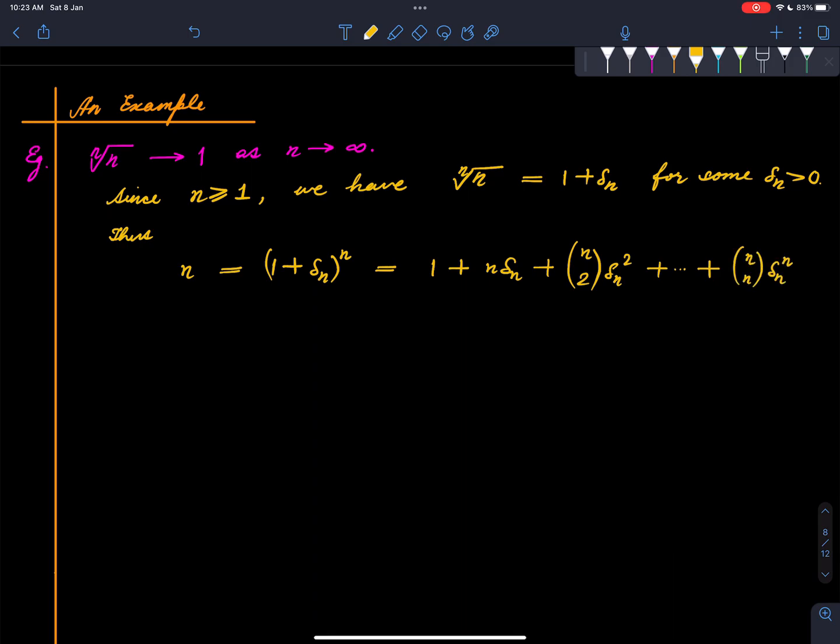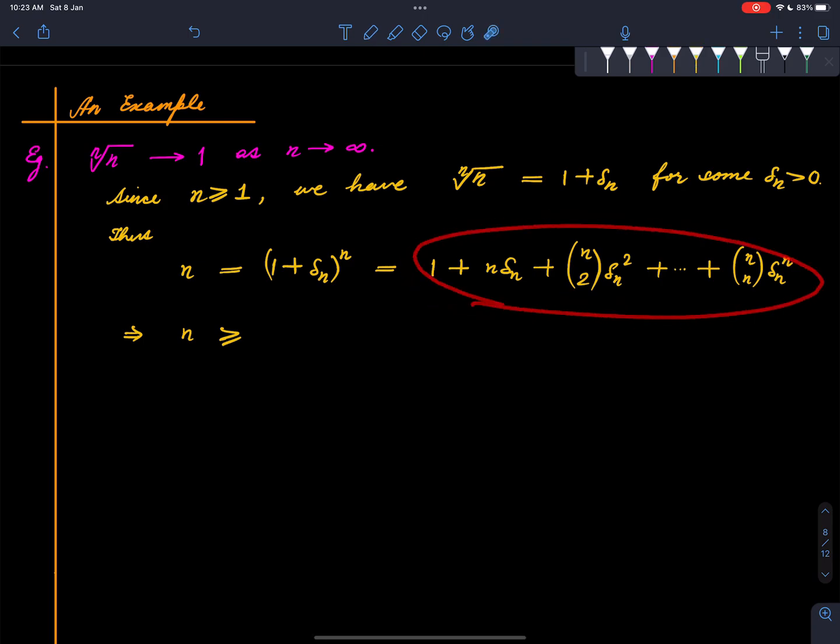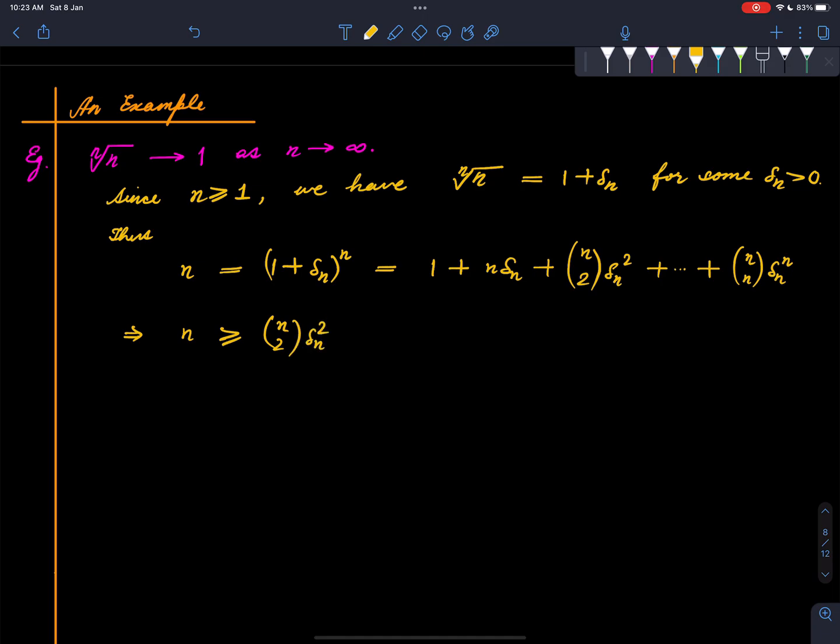So in particular, n is equal to the sum of a lot of non-negative things, so it will be greater than or equal to any of the summands on the right hand side. In particular, it's greater than or equal to the third summand, which is n choose 2 delta_n squared, which is nothing but n(n minus 1)/2 times delta_n squared.